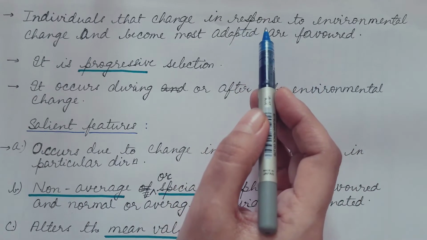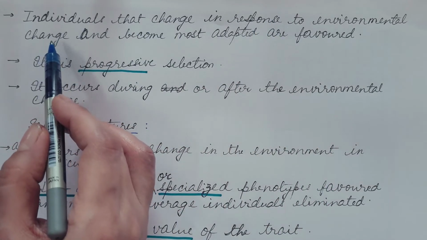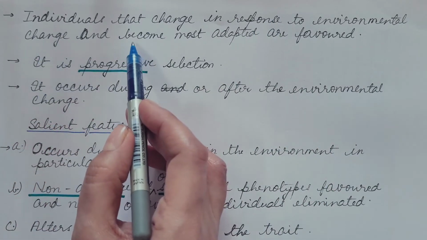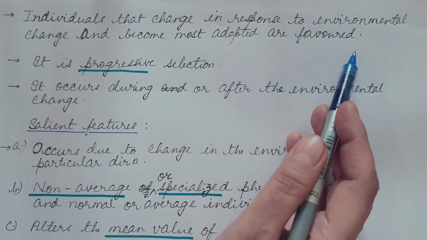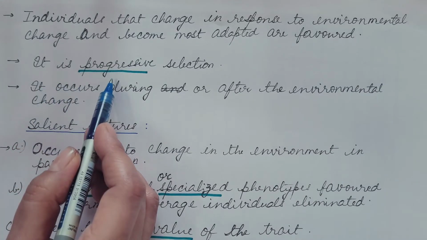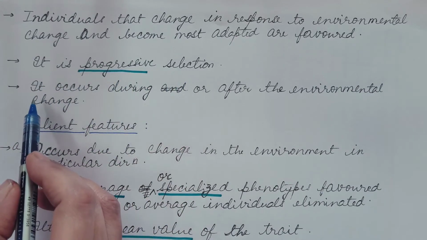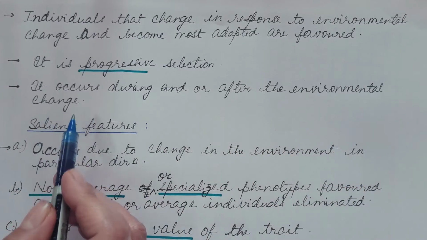It means that individual which changes in response to environmental change and become adapted to that environment are favored or are selected, or these survive. So it is progressive selection. It occurs during or after the environmental change.